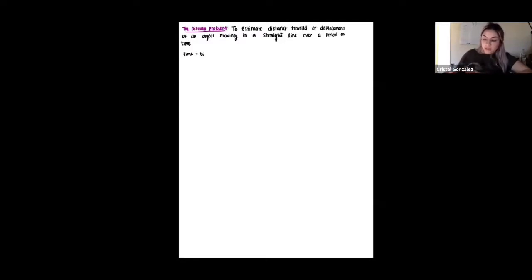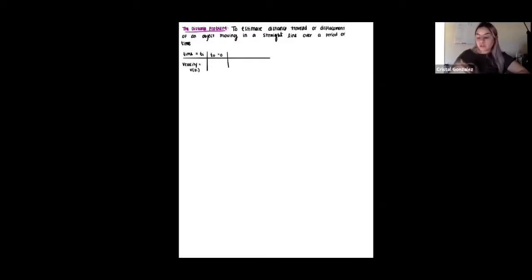And now from here, we're also going to be given the velocity at that second. So we'll say that velocity is equal to v of Ti. Our first time step we'll call T naught.